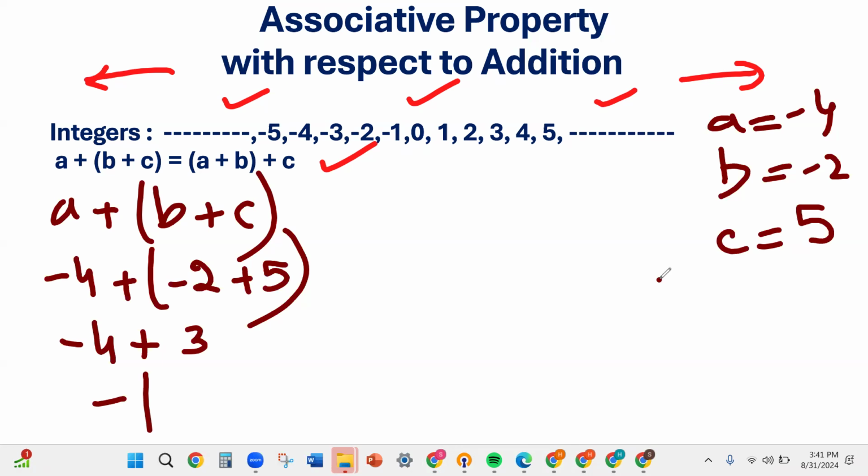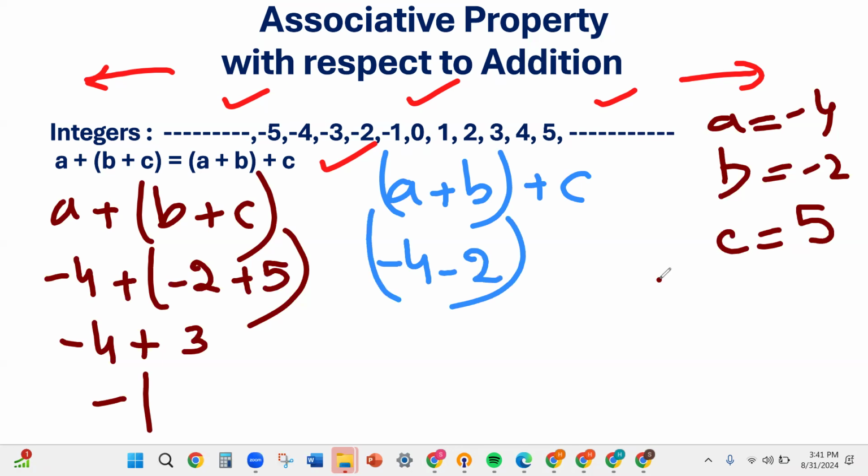Now you have to solve the right-hand side. A plus B in bracket plus C. A is -4, B is -2, and C is 5. Solve the bracket first. -4 minus 2 is -6. -6 plus 5 is -1.